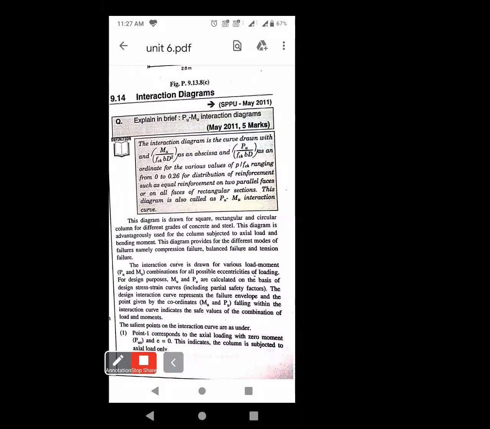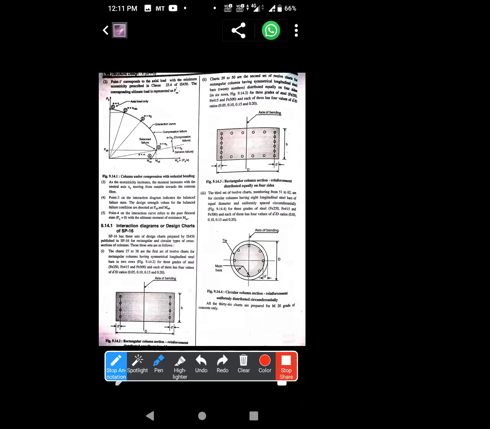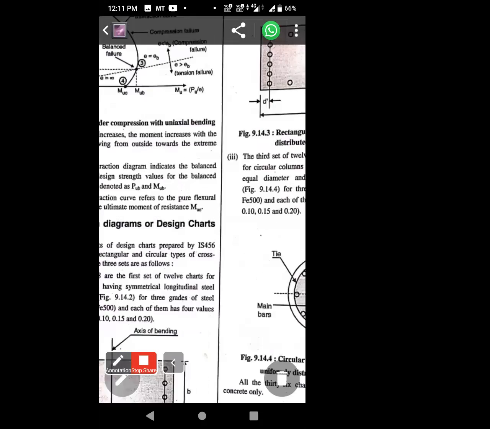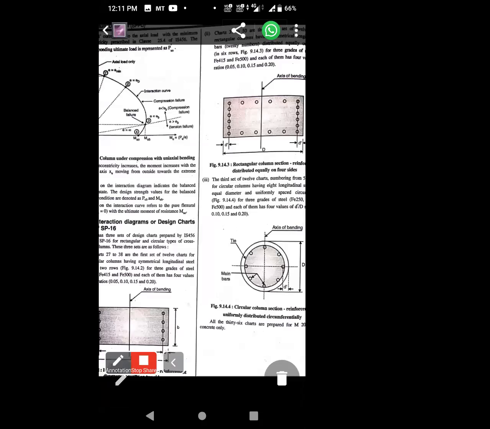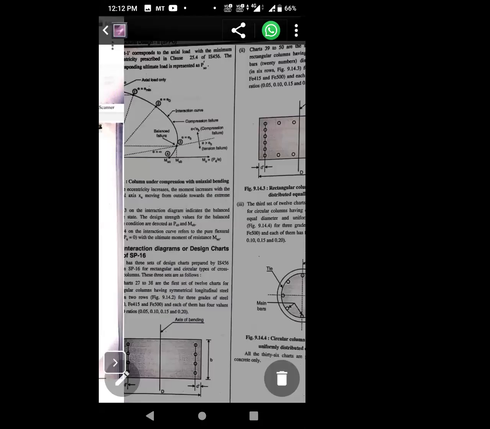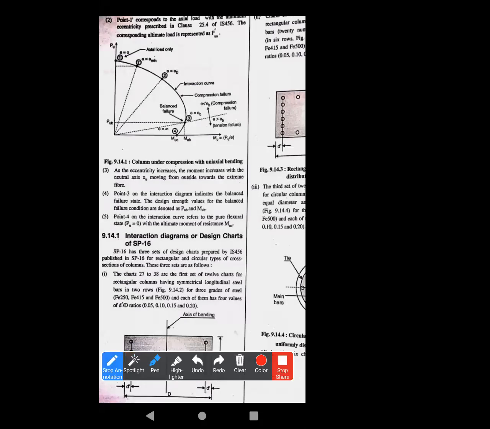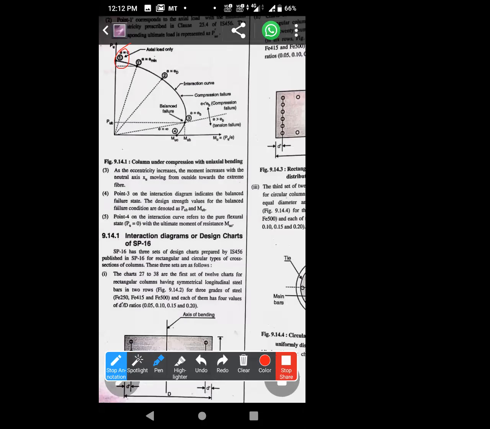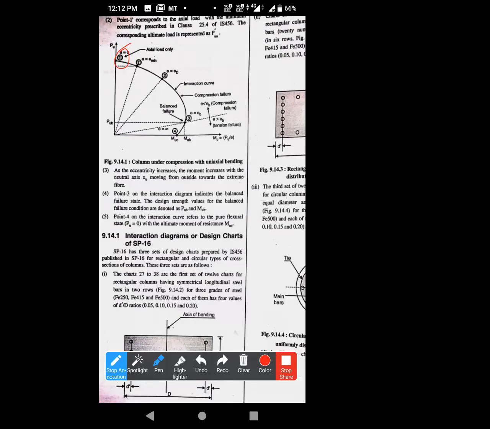Point 1 corresponds to axial loading with zero moment, and e is equal to 0, that is eccentricity is equal to 0. This indicates the column is subjected to axial load only. Here in the diagram you can see this is your P1, your first point.